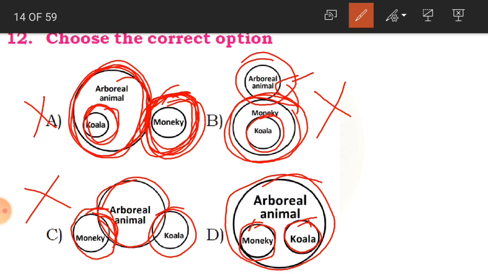Okay, in the sense, monkey and koala both belong to arboreal animals. So this is the right option. Clear, children? Arboreal animals means both monkey and also koala. Both are animals which live on the trees. So like this you have to answer the Venn diagram questions.